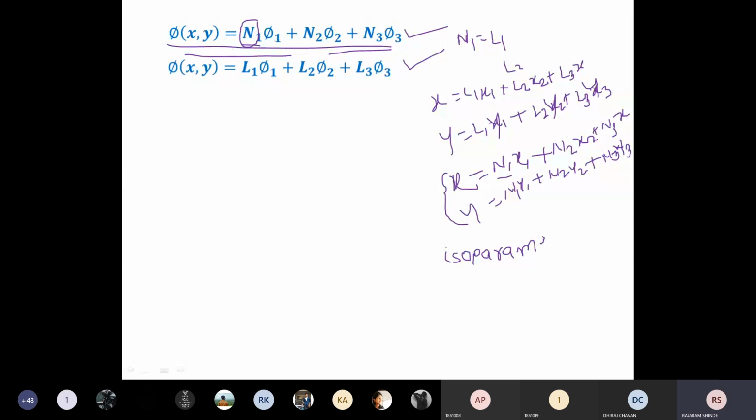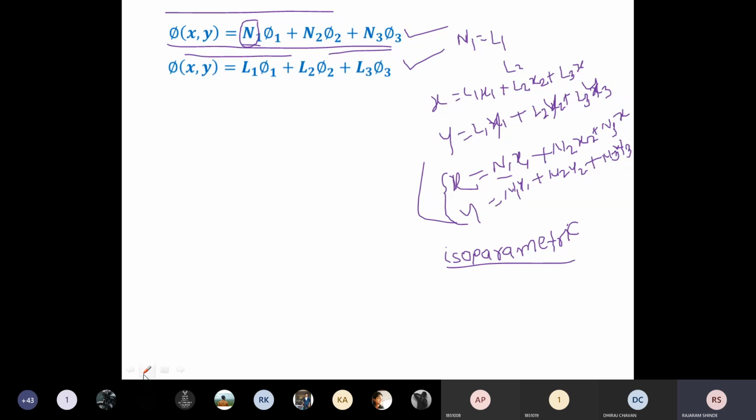Already I have shown you in case of one-dimensional element, isoparametric element. Okay, this is an isoparametric element because the same shape functions we have used for variation of the field variable as well as variation of the geometry. Okay. Now here what we can say? We can say that the linear triangular element is an isoparametric element.